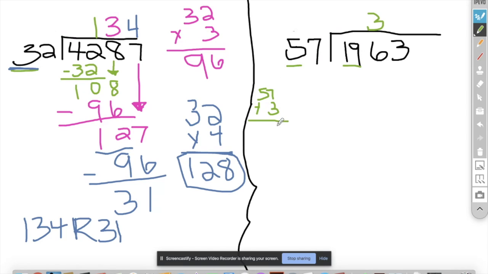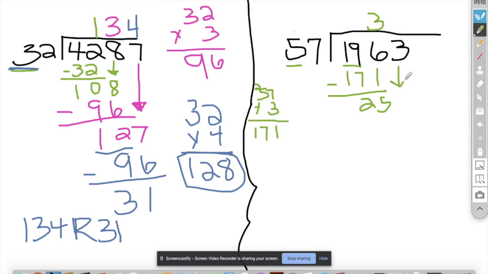7 times 3 is 21, carry my 2. 3 times 5 is 15, plus 2 is 17. So it is 171. We're going to do our subtraction. 6 minus 1 is 5. 9 minus 7 is 2.